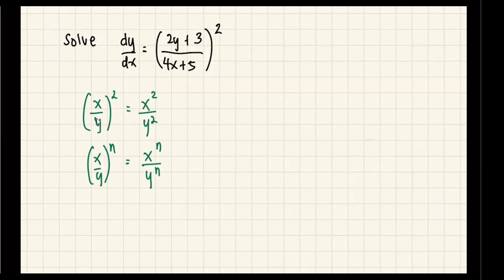Pag in-apply nyo yun dito, meron tayong dy over dx is equals to 2y plus 3 squared over 4x plus 5 squared. So, mapapansin nyo agad, yung numerator, naka in terms of y, yung denominator, naka in terms of x.